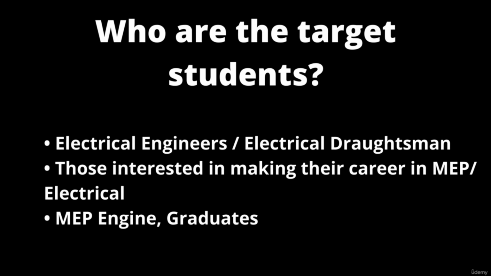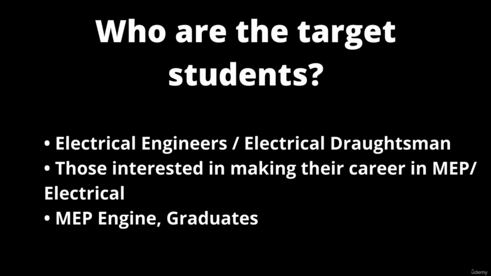Who are the target students? Electrical engineers or electrical draftsmen. These are the target students who need to learn the power demand or the electrical demand required for the building. Also those interested in making their career in MEP. MEP means mechanical, electrical and plumbing. This is the field where we handle the projects for a building or any tower.